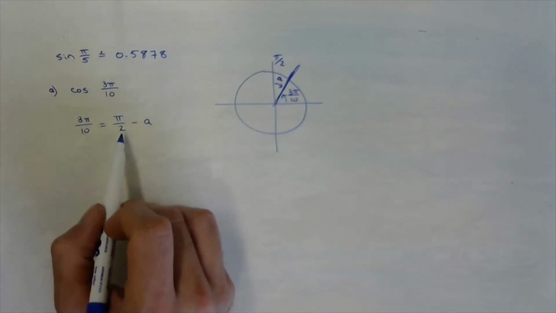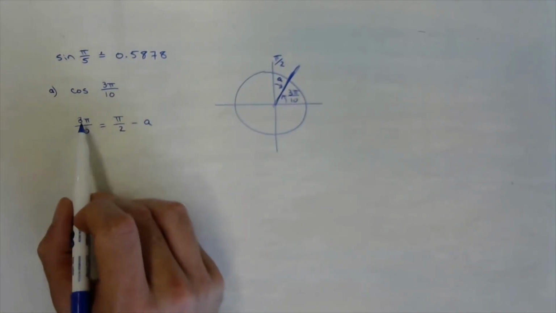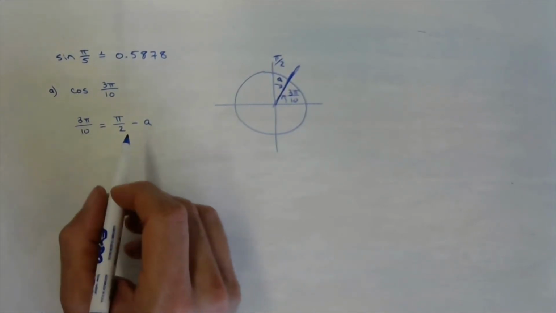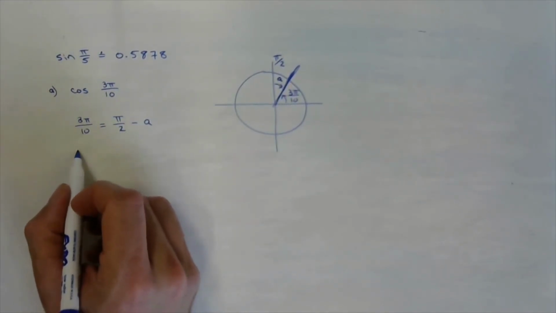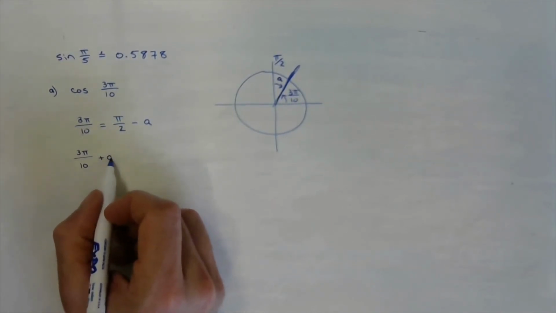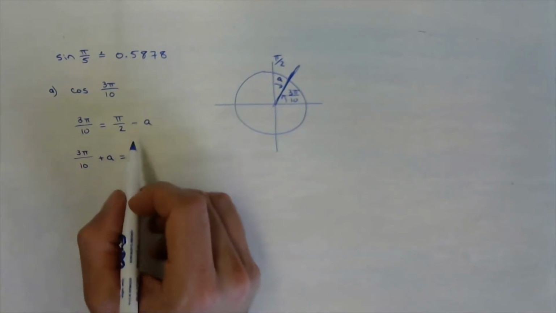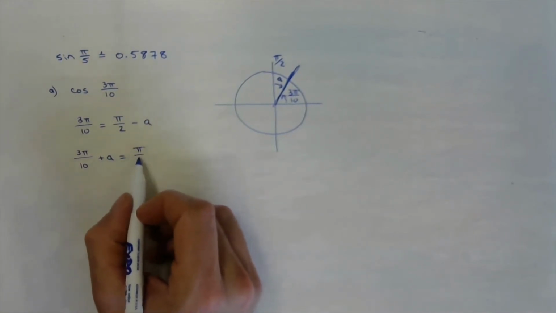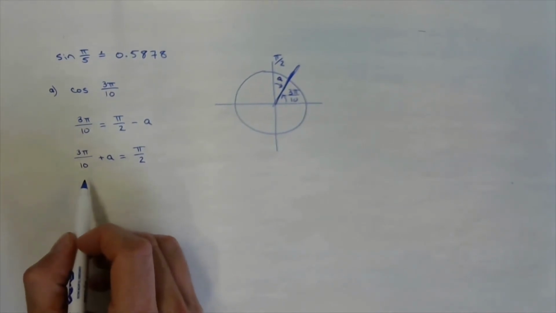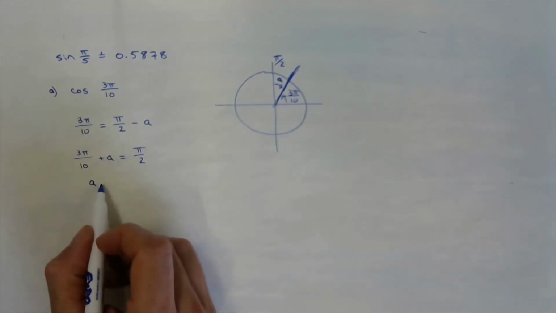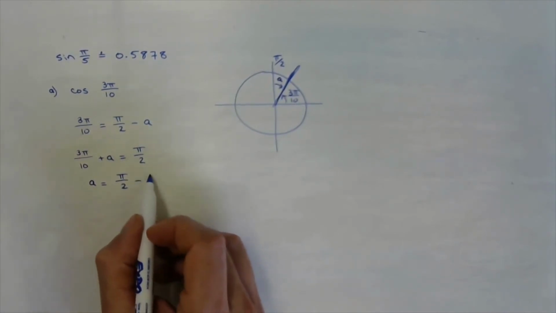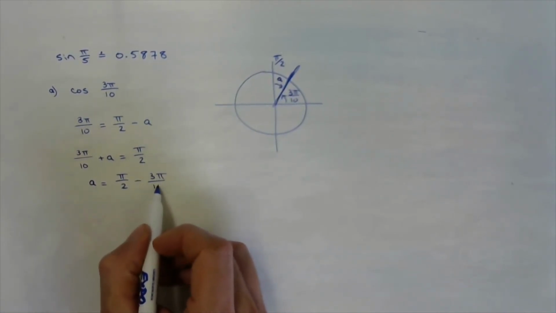So pi over 2 minus a is 3 pi over 10. So we can do this algebraically, okay? We can add a to both sides to get a on the left and to get it positive. And then we could subtract 3 pi over 10 from both sides. So we go a equals pi over 2 minus 3 pi over 10.